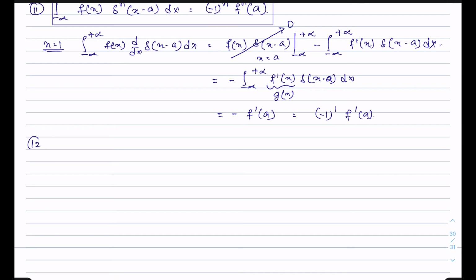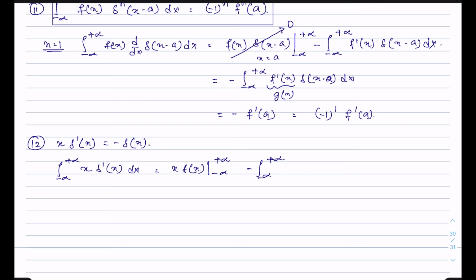Now let's consider our next property, which is x delta prime(x) equals minus delta(x). It is again really simple to prove. Let's consider the integral from minus infinity to plus infinity of x delta prime(x) dx, and again if you integrate by parts, you will have x times delta(x) from minus infinity to plus infinity, minus the integral from minus infinity to plus infinity.